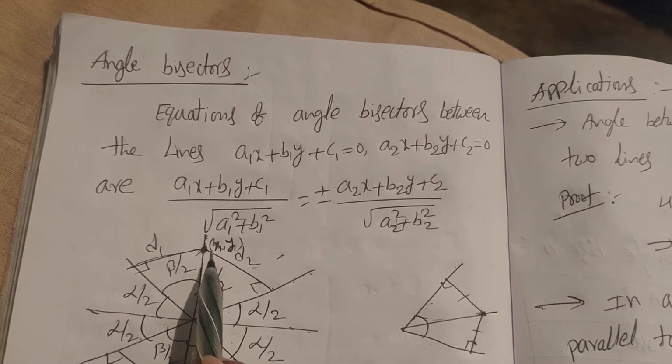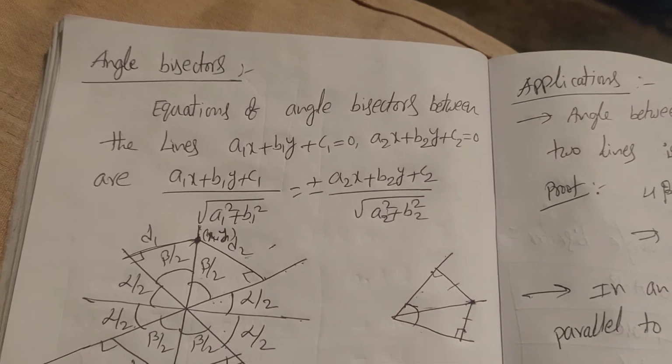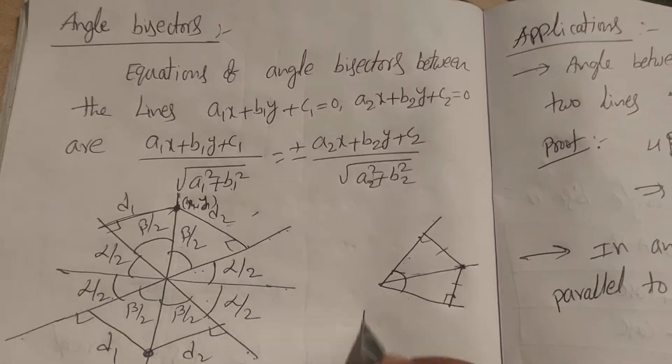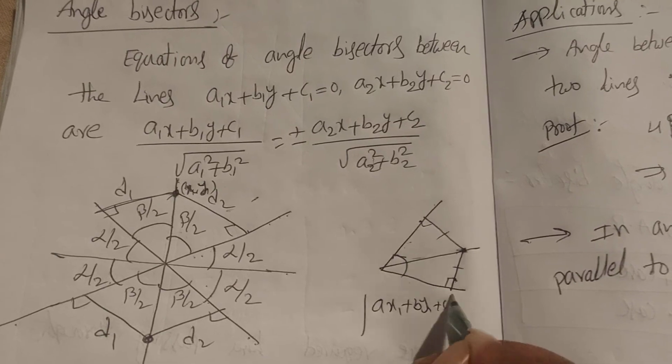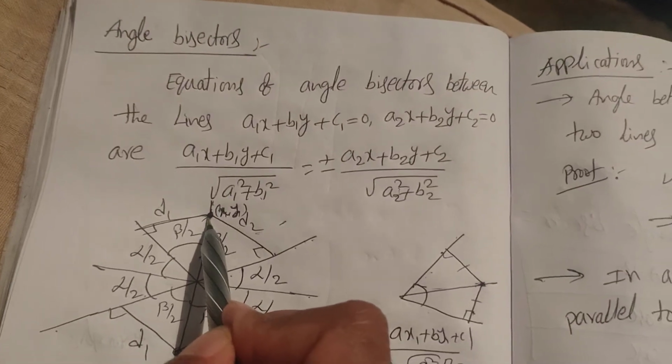The perpendicular distance from the point x1 comma y1 to ax plus by plus c is equal to 0 is nothing but the modulus of (ax1 plus by1 plus c) by root over a square plus b square. Yes, so let us consider this is the point x comma y.